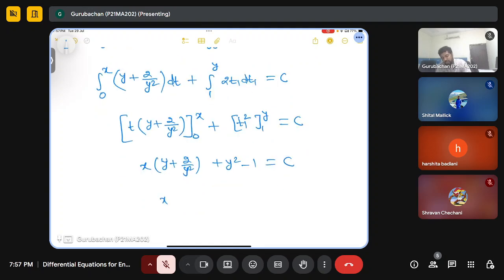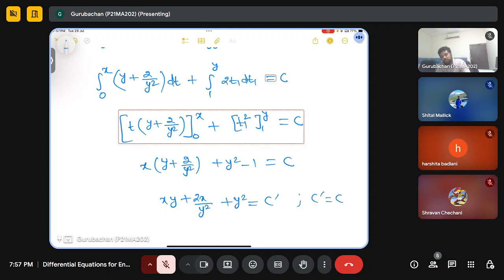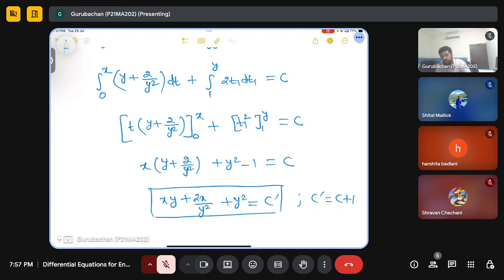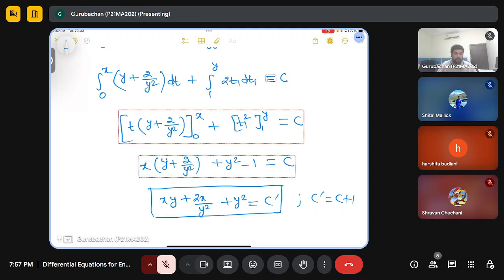So this will be xy plus 2x by y square plus y square is equal to c dash, where c dash is equal to c plus 1. So this will be your general solution for the given differential equation, or you can say the non-exact differential equation.